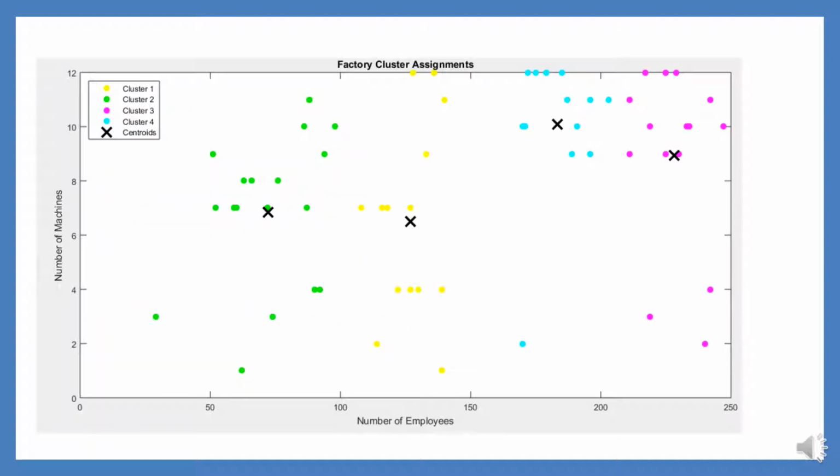So here we can see that graph. We have 4 groups, just like we calculated we would need. And there's 4 different clusters in 4 different colors, so you can easily see where those clusters are. And then the 4 big black X's are the centroids for each of those clusters.